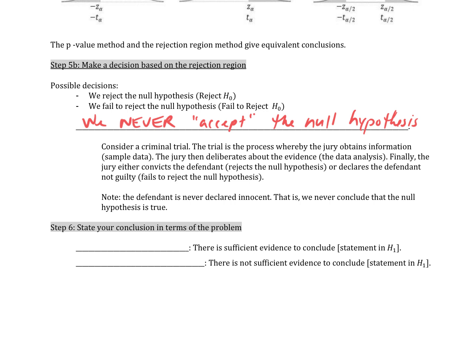And again, the criminal trial. Consider a criminal trial. The jury obtains information, sample data. The jury then deliberates about the evidence, the data analysis. The jury either convicts the defendant, rejects the null, you are guilty, or declares the defendant not guilty, fails to reject the null. They never declare them innocent. So again, it follows the same line of logic.